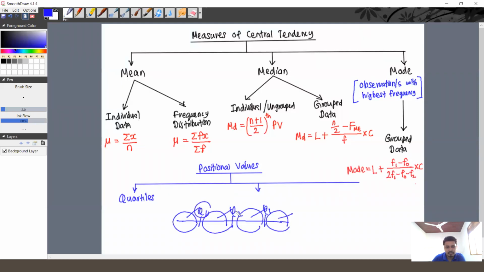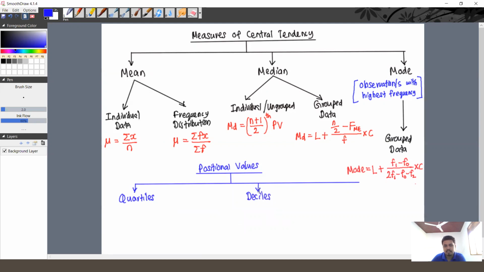ඒ කැඩෙන තැන තමයි Quartile values වලින් පෙන්වන්නේ, Q1, Q2 and Q3 values. Right? And the other one is deciles.